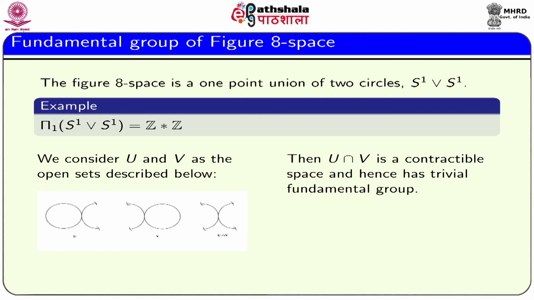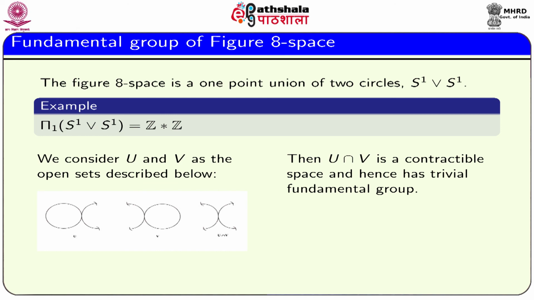The first one, a circle with a portion of a circle, is the set U. The second one, the circle on the right and a portion of the circle on the left, stands for the open set V.